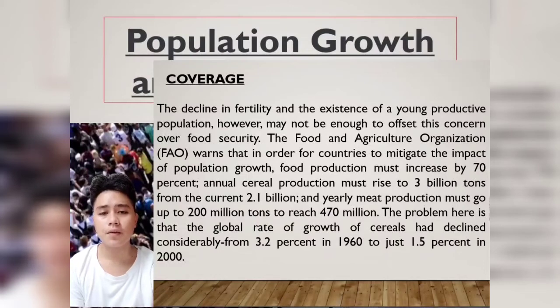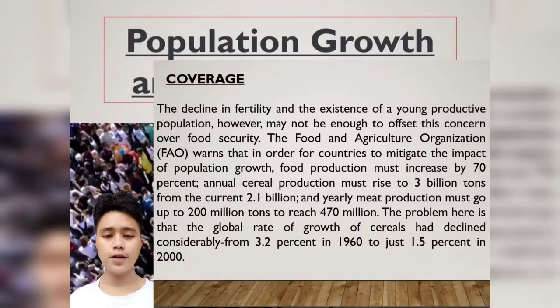The Food and Agriculture Organization, or FAO, warns that in order for countries to mitigate the impact of population growth, food production must increase by 70%. Annual cereal production must rise to 3 billion tons from the current 2.1 billion, and yearly meat production must go up to 200 million tons to reach 470 million.